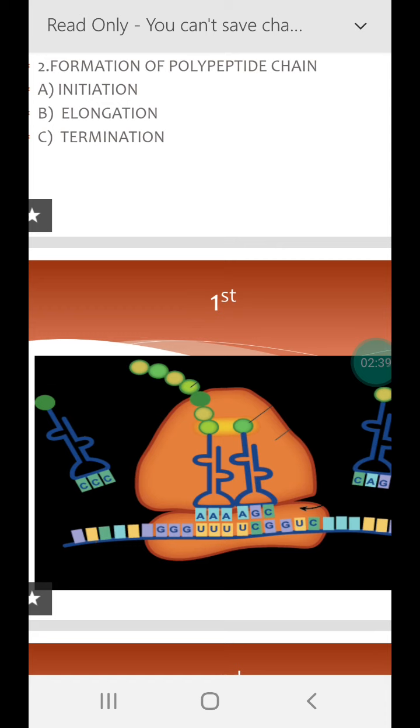It begins with the formation of initial complex which requires the messenger RNA having codons for a polypeptide, and it requires ribosomes which consist of 2 subunits, the smaller 30S subunit and larger 50S subunit. So the initial amino acid 1 tRNA complex and ATP and GTP are acting as a source of energy, and the process of initiation requires initiation factors.